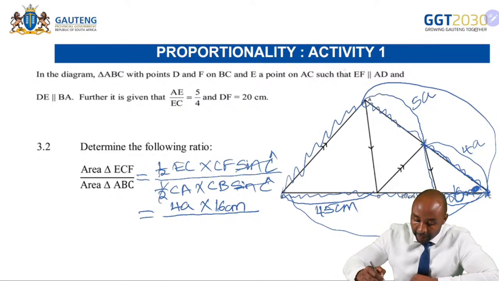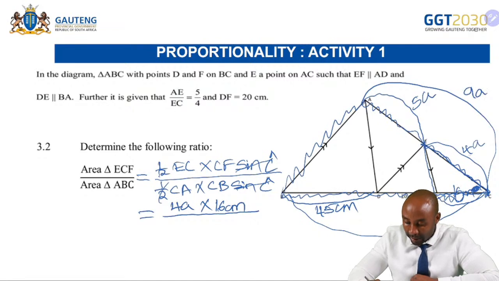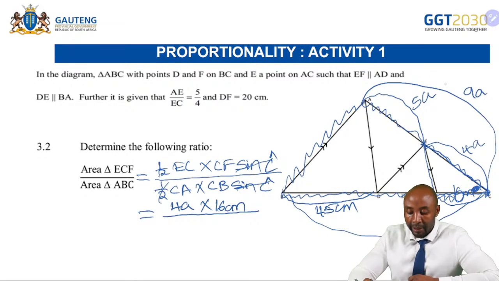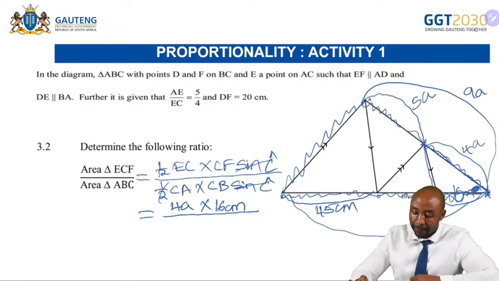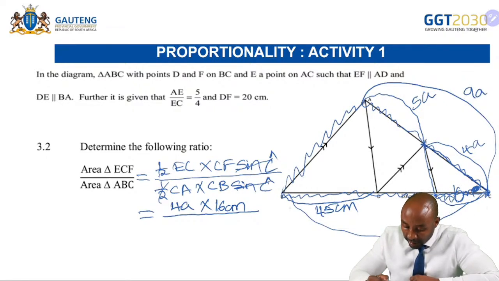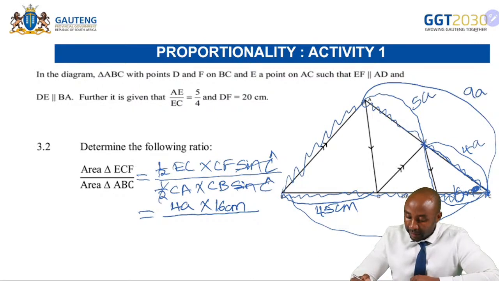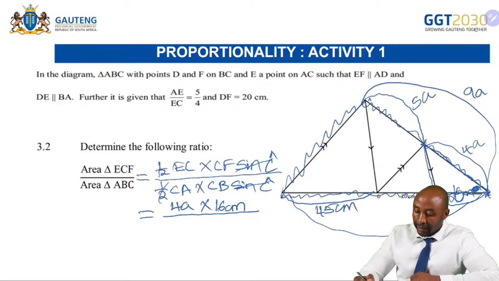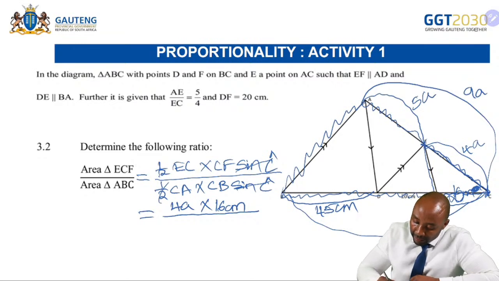Our AC or CA is going to be 9A because we are adding 4A plus 5A. It gives us the whole length in terms of ratios as 9A. And the length of BC will be given by 45 plus 20 plus 16. That gives us 45 plus 36, and this should give us 81 centimeters.